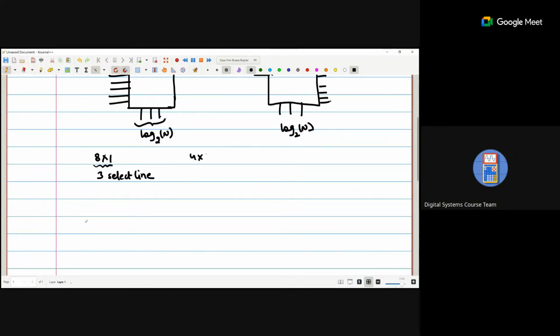If we have a 4 cross 1 mux, we have 2 select lines. 2 cross 1, 1 select line. 16 cross 1, 4 select lines. And so on.